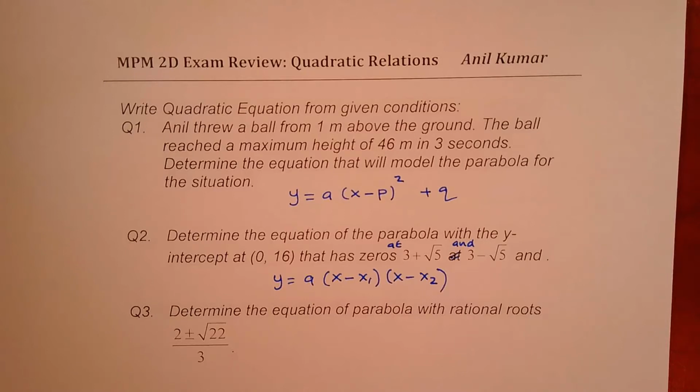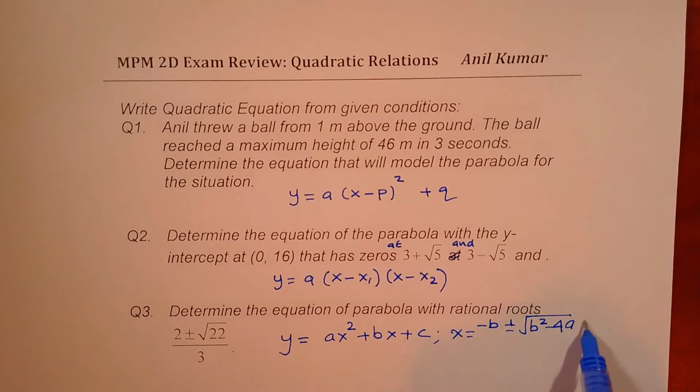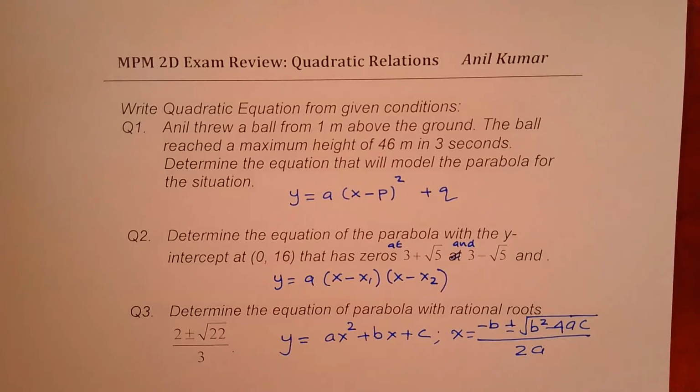Normally what I do here is write the equation in the form ax square plus bx plus c, and to get the values of a, b, c, we use the quadratic formula, which is x equals minus b plus minus square root of (b square minus 4ac) divided by 2a, right? So if you use this formula, that is the root, and the a, b, c terms can be linked with it. Now let us see how to work with these examples.